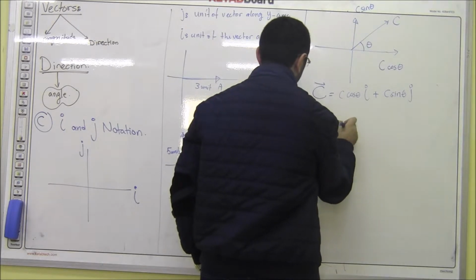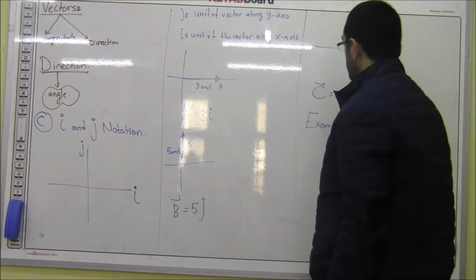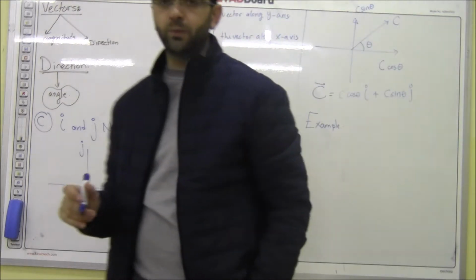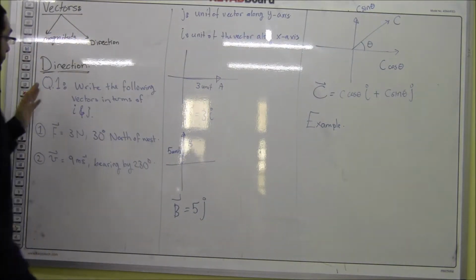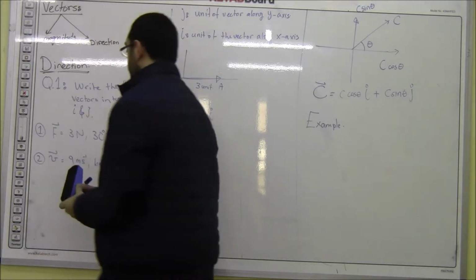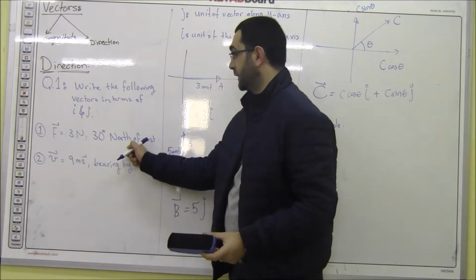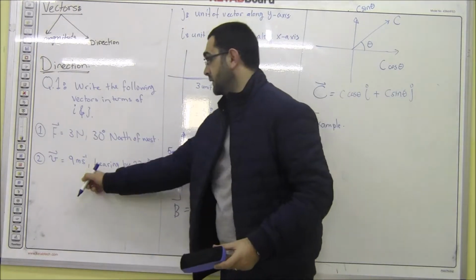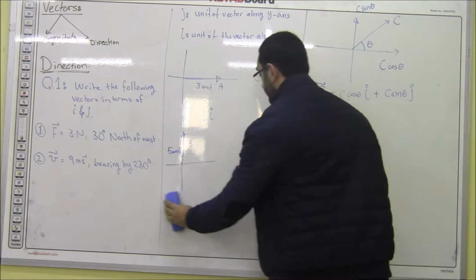Example. Well, actually here, we have to write the following vectors in terms of I and J. Look at these vectors. The first one is given in terms of geographical direction, and the second one in terms of bearing.